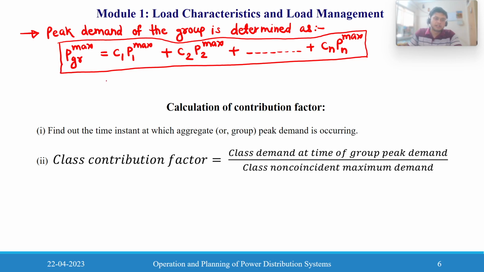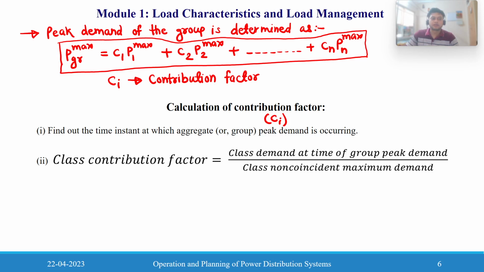Here, Ci means C1, C2, and so on; it is called the contribution factor. If this contribution factor is not given in the problem, then how can you find it through the table?